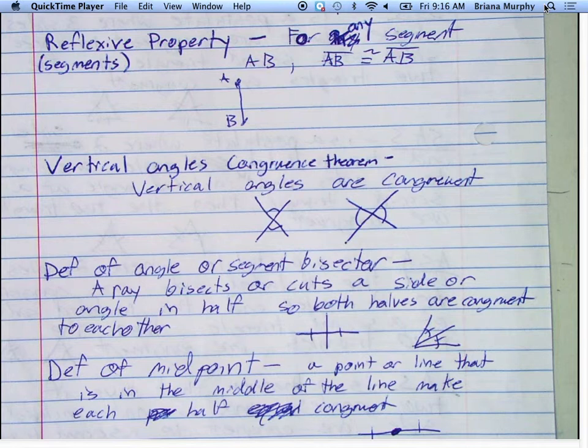Okay. Definition of angle or segment bisectors. A ray bisector cuts a side or angle in half, so both halves are congruent to each other.